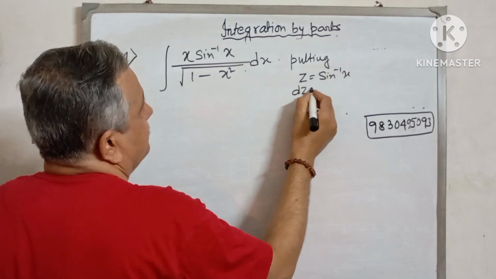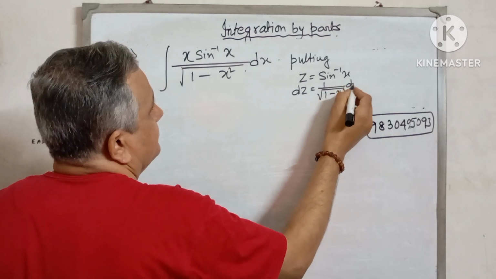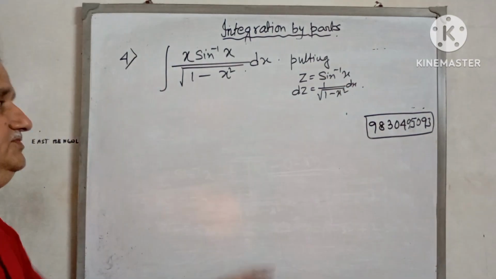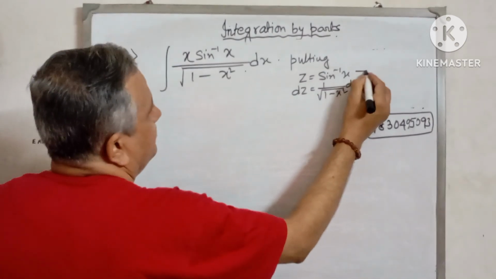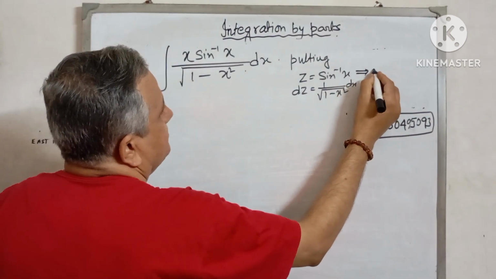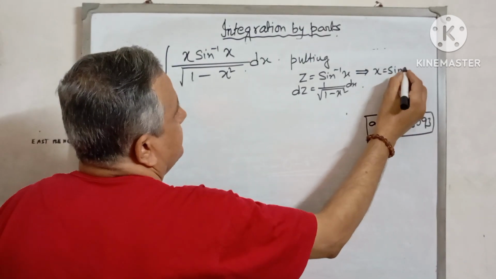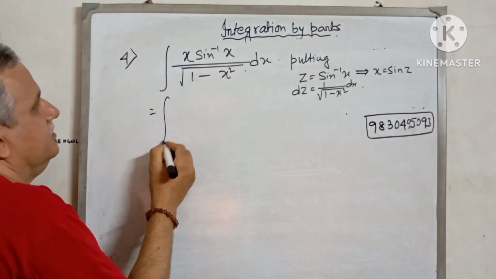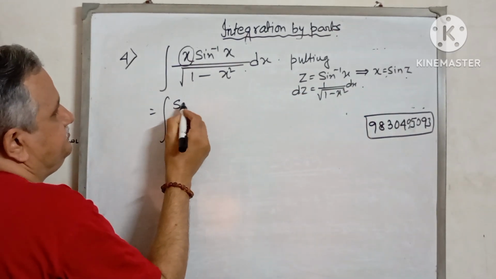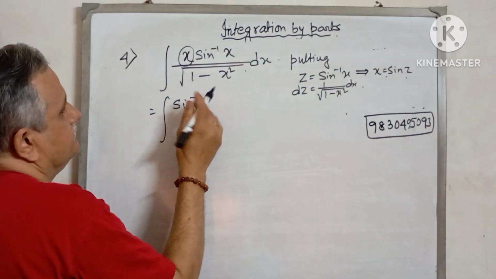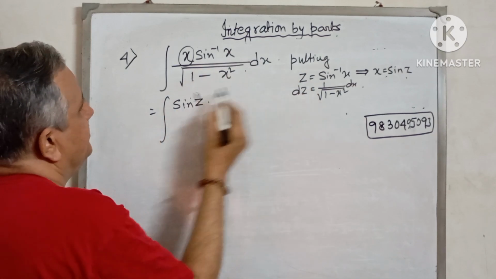So dz is 1 by root over 1 minus x square dx, since differentiation of sine inverse x is 1 by root over 1 minus x square. From this we can write x equal to sine z. So now replace here, putting x equal to sine z and sine inverse x is z.